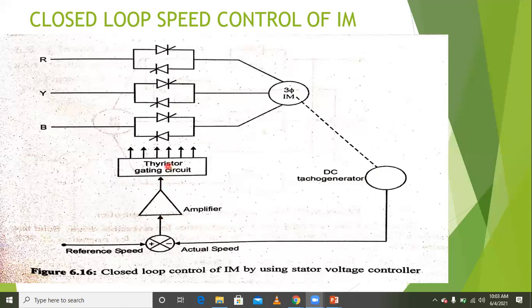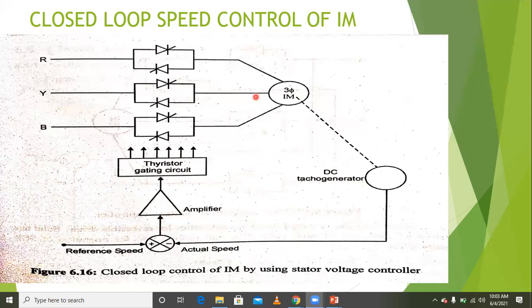The gating circuit controls the firing angle of the 3-phase full wave AC voltage controller, so the input voltage of the 3-phase induction motor is controlled and the motor speed changes. This is how closed loop control of the 3-phase induction motor works.